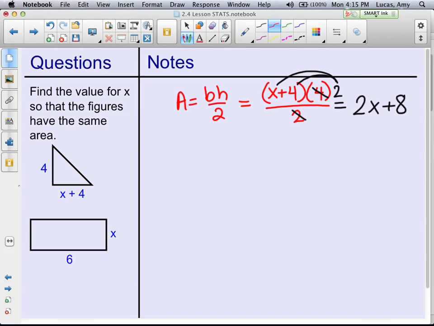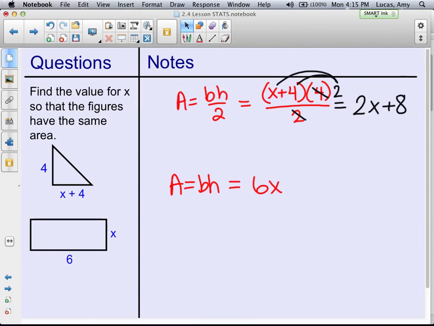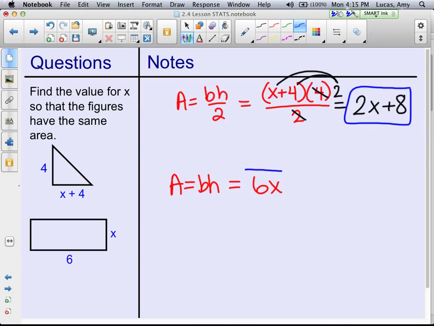Now the area of a rectangle is just base times height, so the base is 6, the height is x, so it's just 6x units squared. So, reading the problem, they have to have the same area. So that means that I need to set 2x plus 8 equal to 6x, and then solve to see what value would give them equal areas.